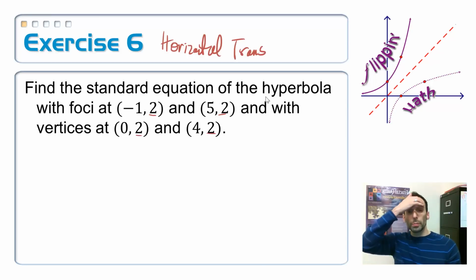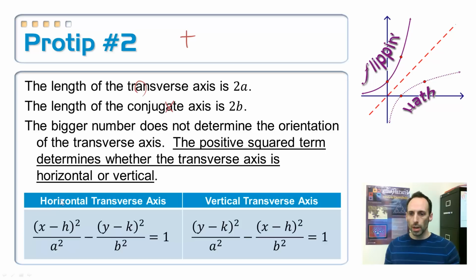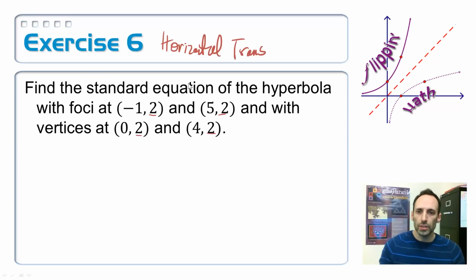And of course, you could draw yourself a picture if you need to for this. So what I need is an a, a b, and my center point. If I look back here, I need my center point, and I need an a value and a b value. And since I found that the transverse axis is horizontal, that means it's going to go with the x squared term, and that one's going to go first.